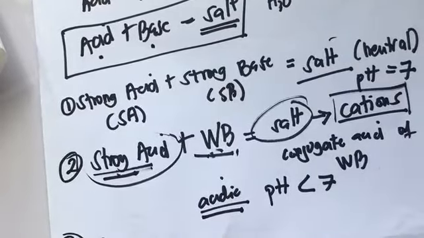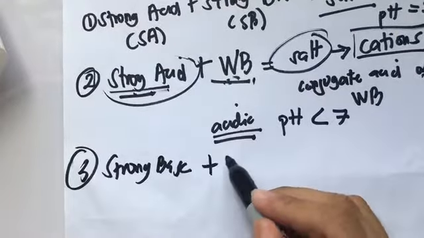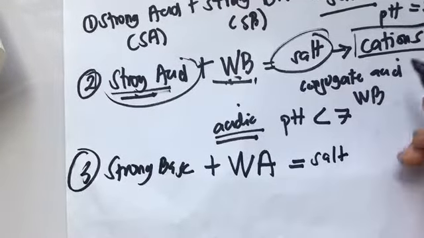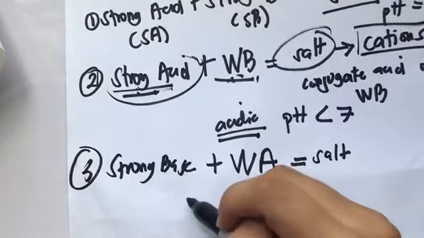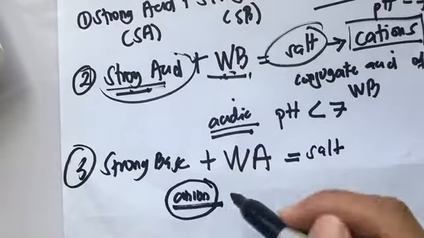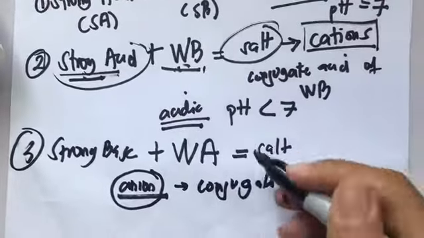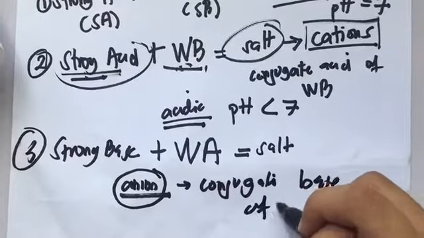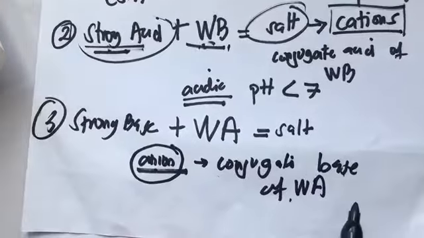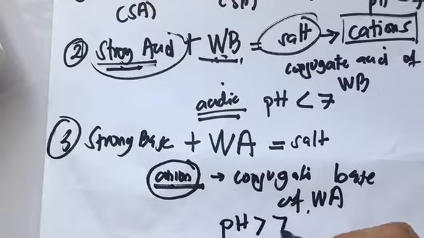The salt of a strong base plus a weak acid is equal to salt, it will form a salt that releases an ion. An anion is what is formed here. It releases an ion coming from the conjugate base of the weak acid, forming a solution which is basic with a pH of greater than 7.